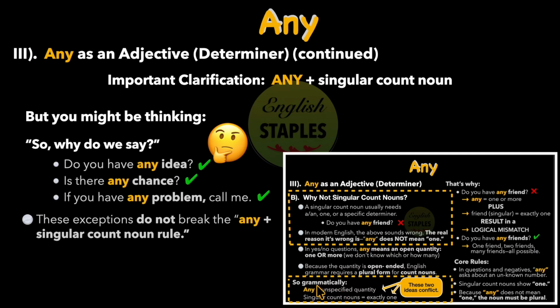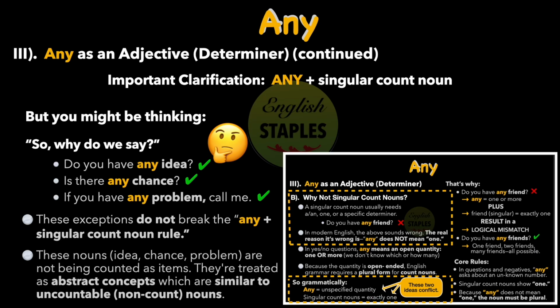We just talked about this as well. So grammatically, any means unspecified quantity. A singular count noun is exactly one. So the two ideas conflict with each other. These nouns, idea, chance, and problem, are not being counted as items. They are treated as abstract concepts, which are similar to uncountable or non count nouns.